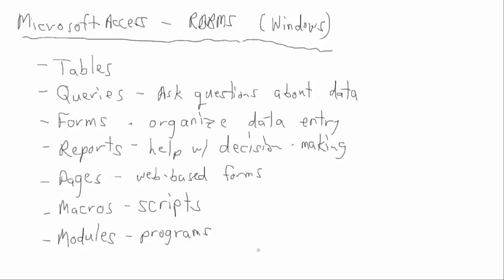You can change the way Access behaves on various activities. So modules allow you to fully customize and program the database to your purpose. And then of course in tables, relationships are a key component of defining the tables and how they're going to work with each other.